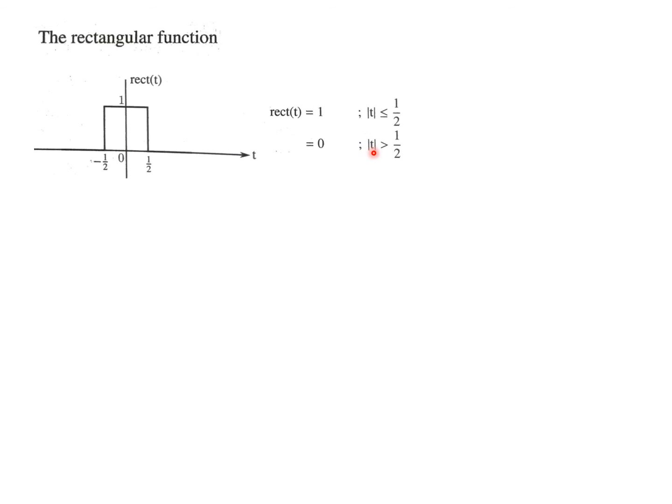For all other values of t, mod t greater than half, on either side, plus half and minus half, it is equal to 0. So this pulse is defined only from minus half to plus half with the value 1. Everywhere else it is 0. That is how the equation has been described.